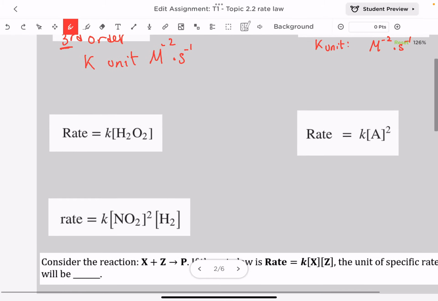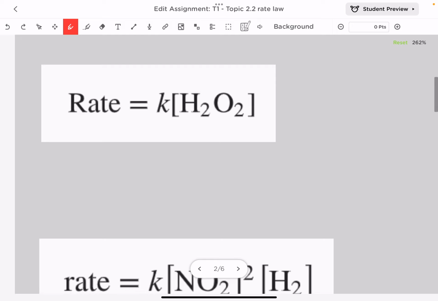Another example. Here's a rate law to the power of 1. So it's just per time, minus 1 per time, the unit of K. If the time is in minutes, we say minutes minus 1, or per minutes, or per seconds, S minus 1.